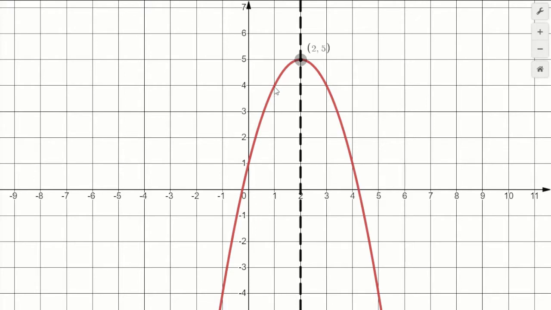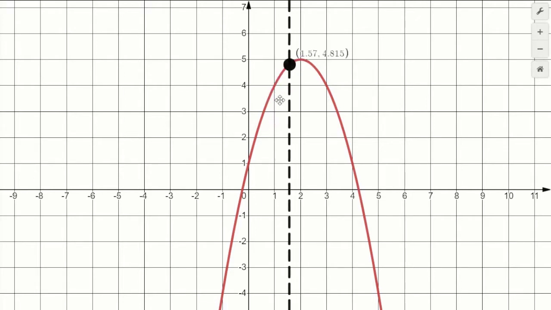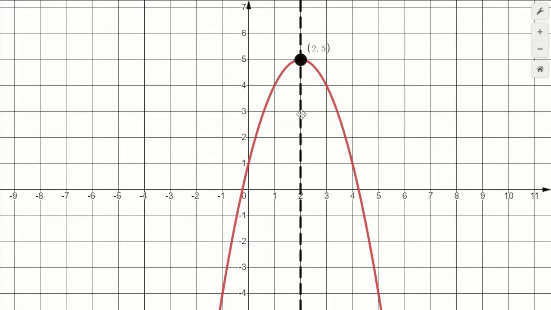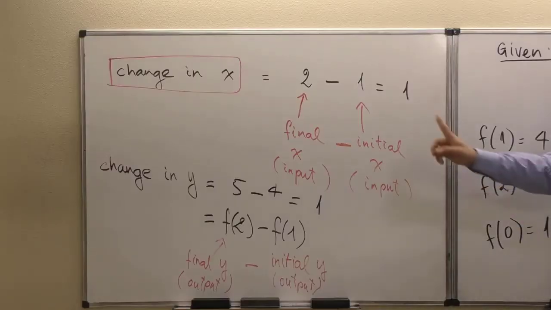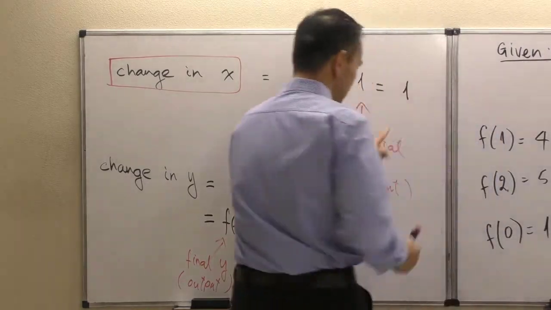So now from x equals 1 to x equals 2, the total change is this difference right here, which is this grid being 1 in length. This amount of width between x equals 1 and x equals 2 is that change in x that I calculated to be this quantity right here.